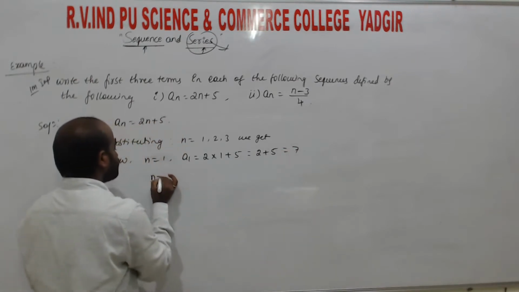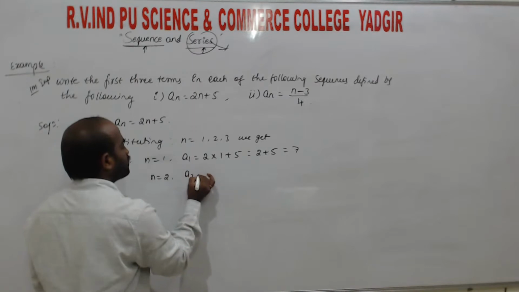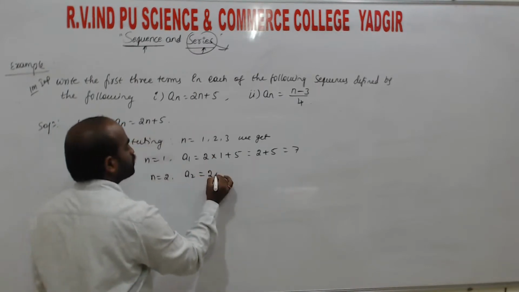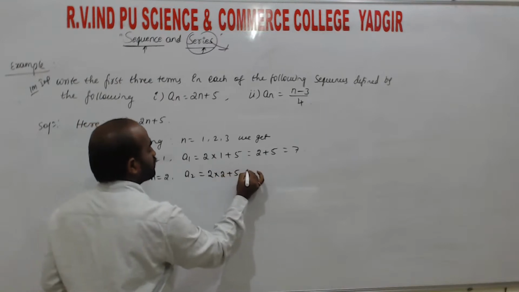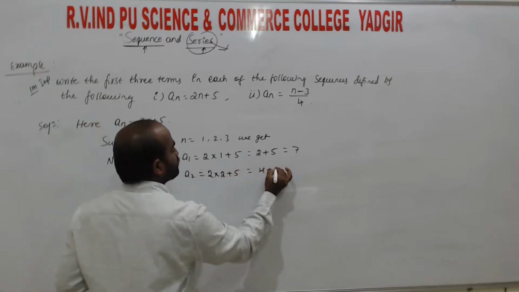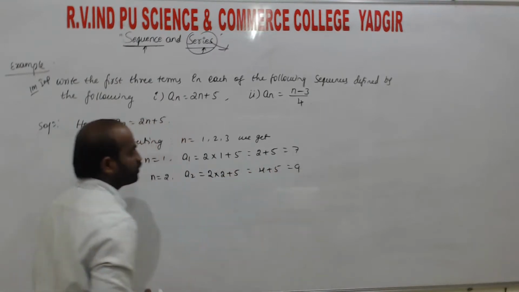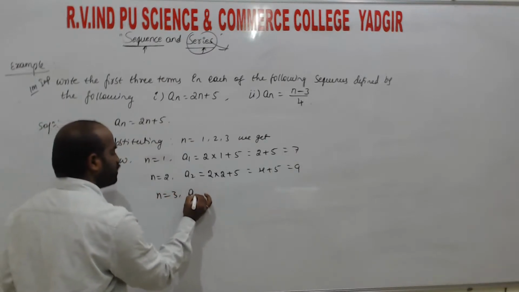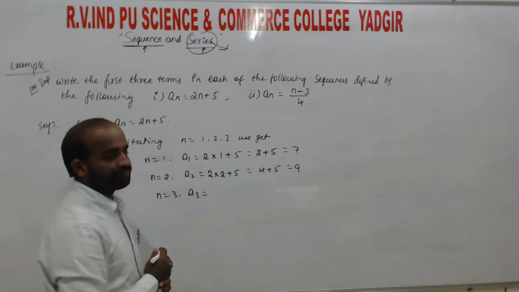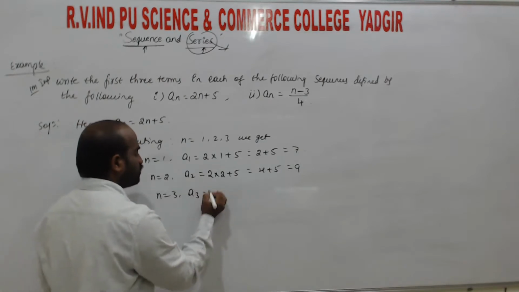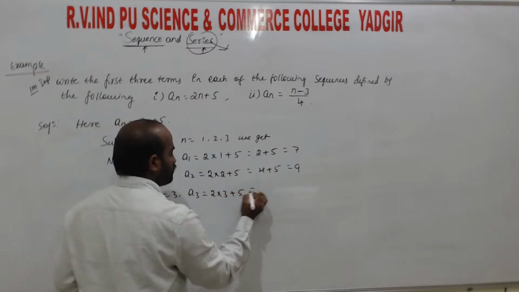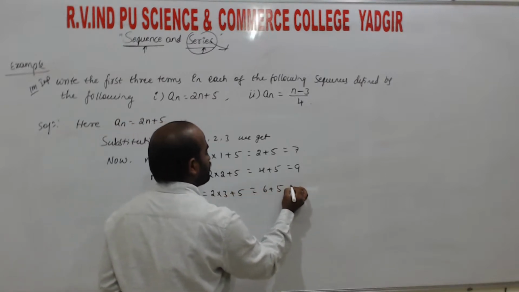Next, n equal to 2, a2 equal to 2 into 2 plus 5. 2 into 2 is 4, 4 plus 5 is 9. n equal to 3, a3 is equal to what? 2 into 3 plus 5. 6 plus 5 is 11.